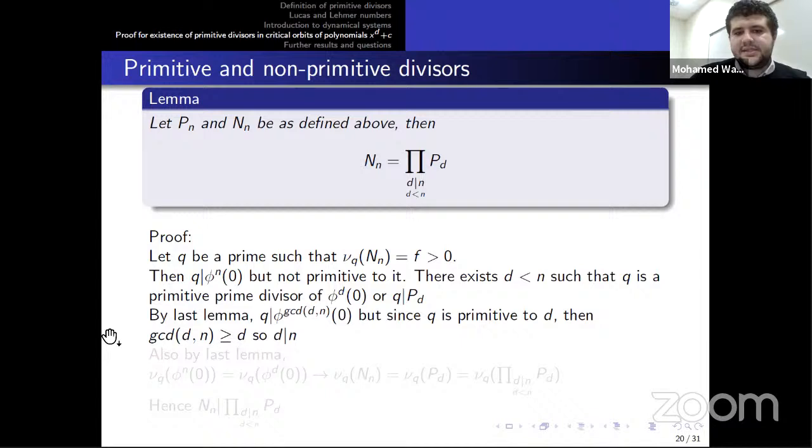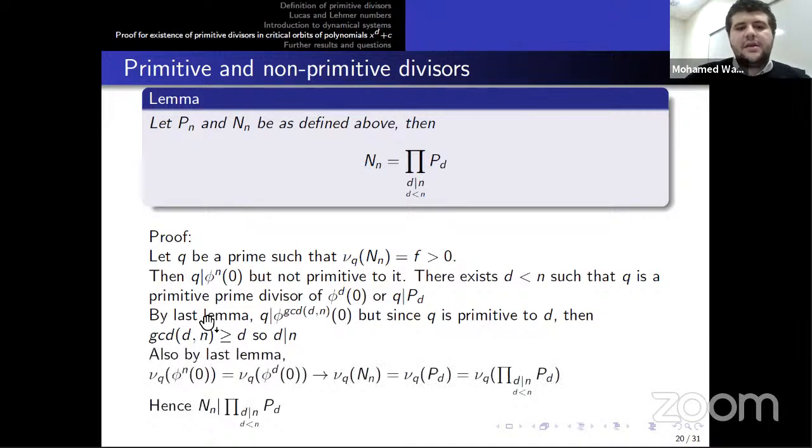So P_d is a primitive part for an element with an index dividing n. And also by the last lemma, because d divides n, the valuation of phi n is equal to the valuation of phi d, which will induce that the valuation in N_n, because this prime is in the N_n part, will be equal to the valuation of P_d, because this is in the primitive part for phi d.